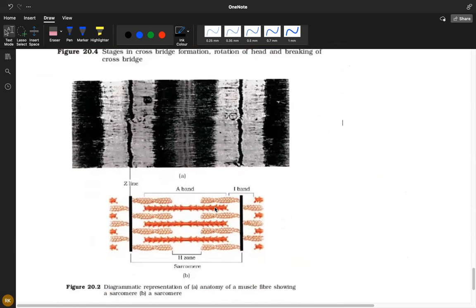Can you see these points? These are the points where these myosin heads are poking out.